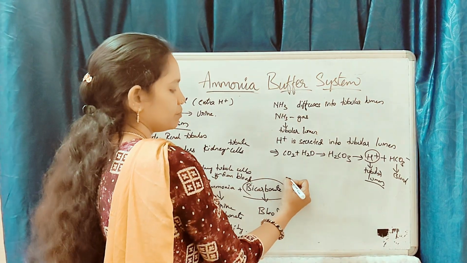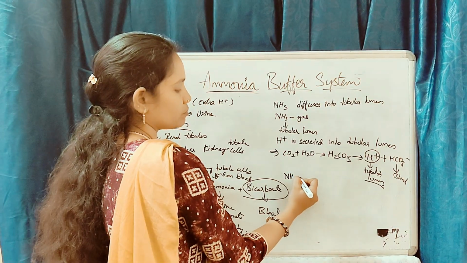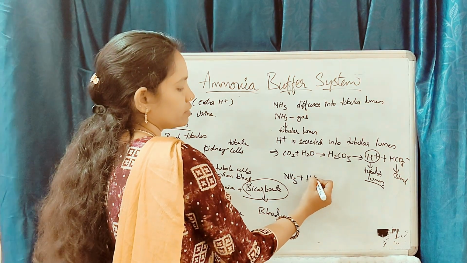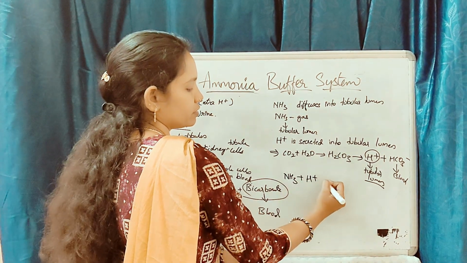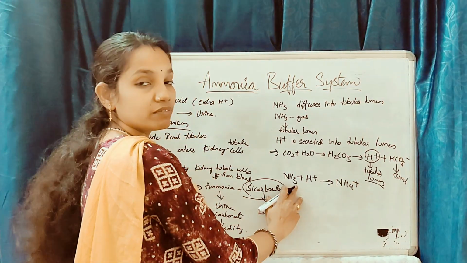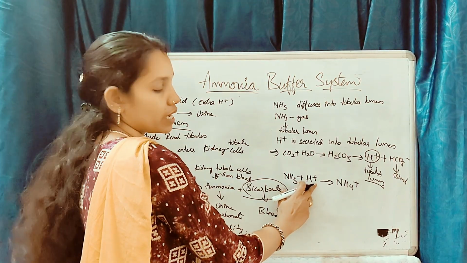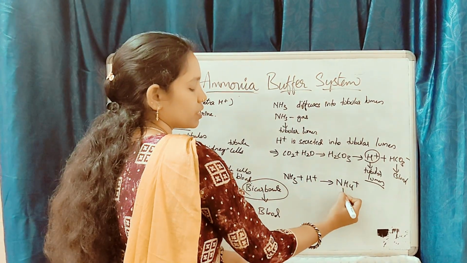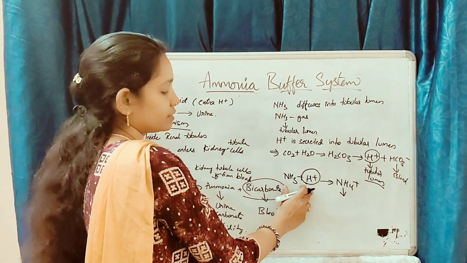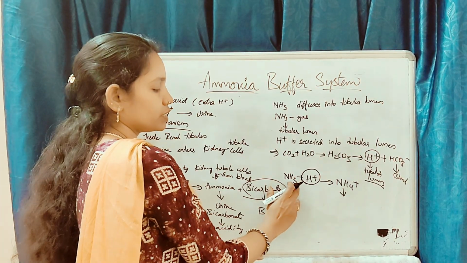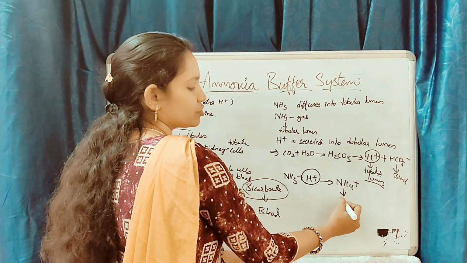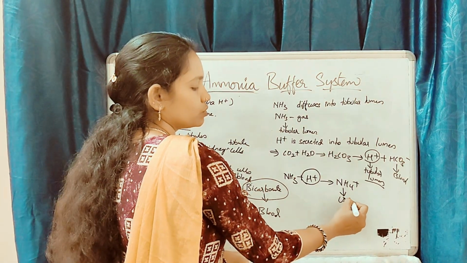So finally the ammonia which has been formed from glutamine and the H plus from the carbon dioxide will now convert into ammonium ion. So here ammonia will bind to H plus to form ammonium ion. So here, what is this H plus again? It is excess acid. So this ammonia will neutralize the excess acid, forming ammonium ion, which is then excreted from the body through urine.